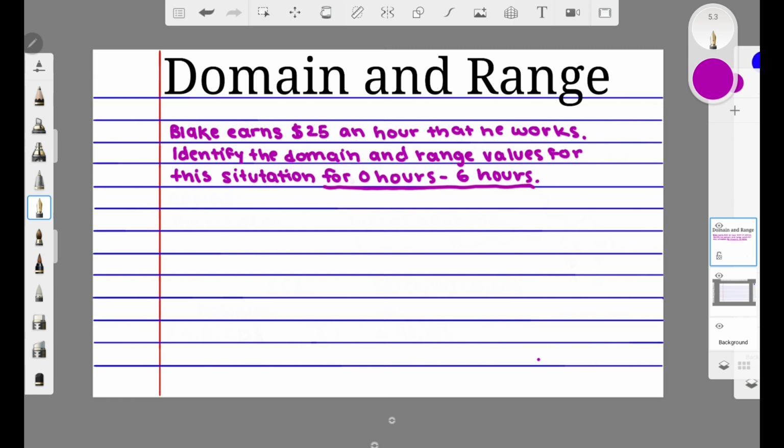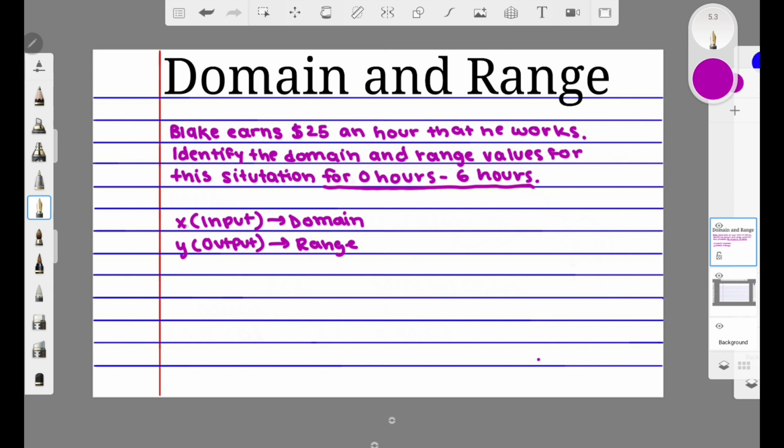All right, so first we want to identify the x or the input and the y or the output. So these are also basically what domain and range mean, but sometimes it's a little bit easier to visualize with just x and y because we have more practice with that.